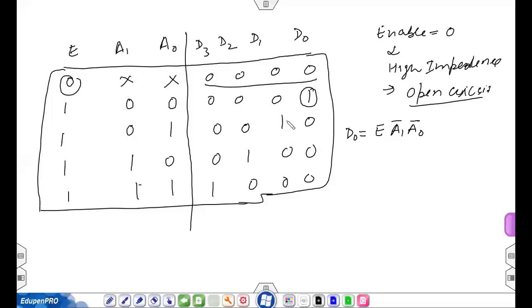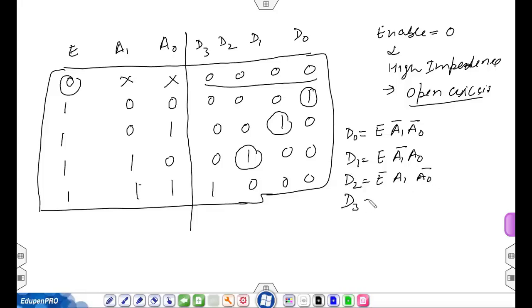Similarly, D1 equals E, A1 complement, A0. D2 equals E, A1, A0 complement. And D3 equals E, A1 and A0. So these are the outputs. Firstly, you have to design the truth table. After that, you have to write the outputs in the form of Boolean functions.